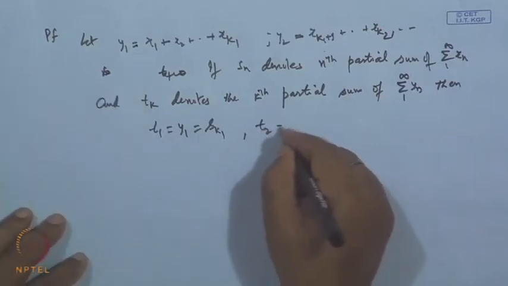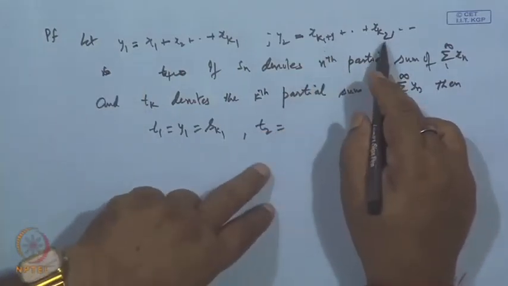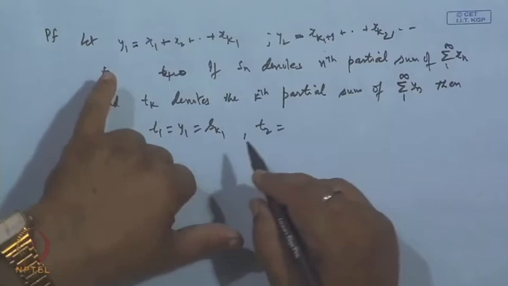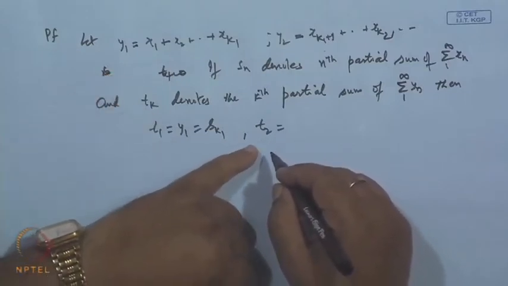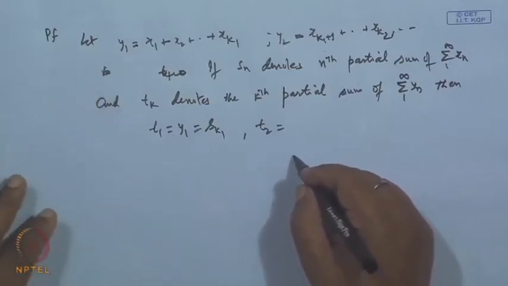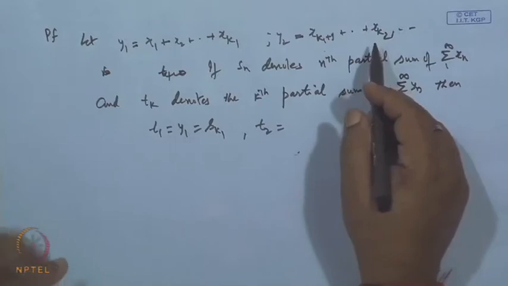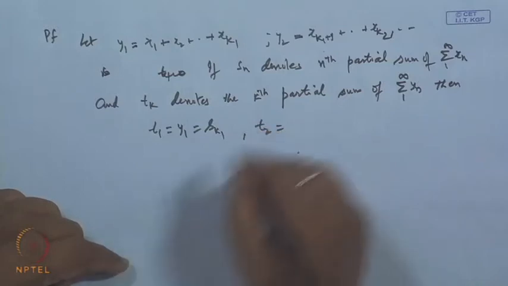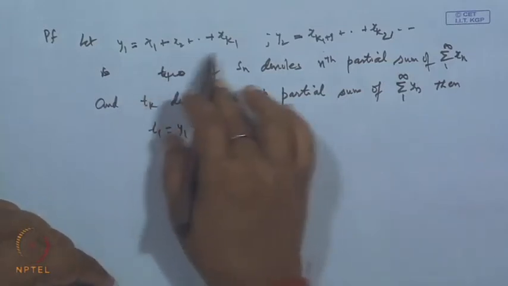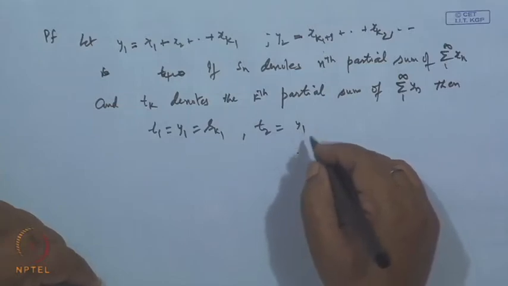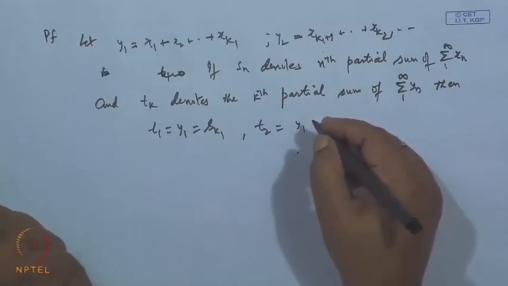Then T 2. T 2 is the second partial sum, meaning this. Now, what is this term? This is starting from x k 1 plus 1 and so on. So, when you are choosing this T 2 partial sum, then this is equal to y 1 plus y 2.